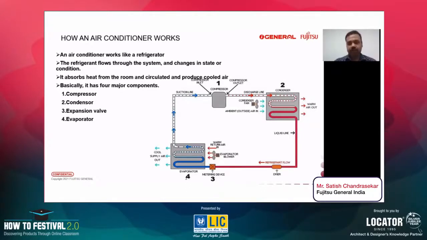But you need to know the basic four major components, and what the diagram you see here with the blue and red arrow marks shows: how the refrigerant inside the air conditioner flows through the circuit, removing heat from the room and transferring the heat to the outdoors. That's how an air conditioner works.